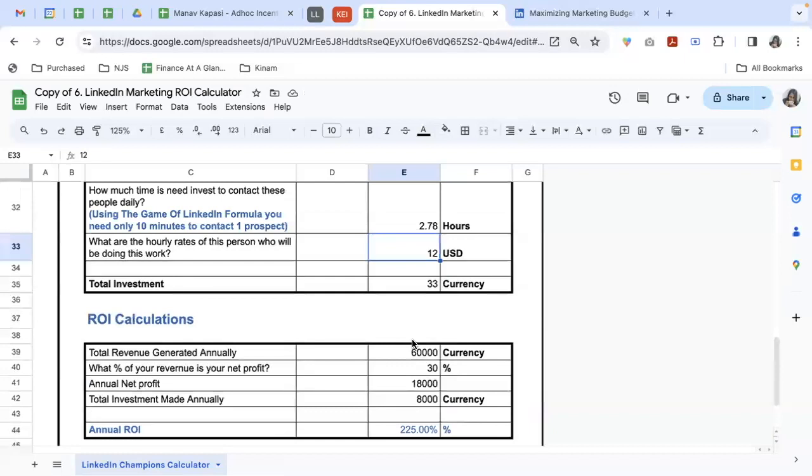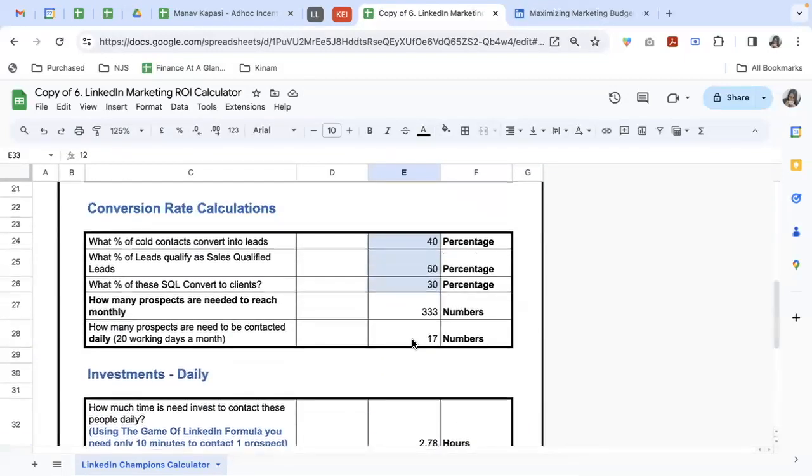Now, another thing that happens with many of my clients is that they do not have these percentages. To start with, many people would not have these percentages, so you can take a guess. You can check your data. If you have never calculated it till now, you can start calculating it.